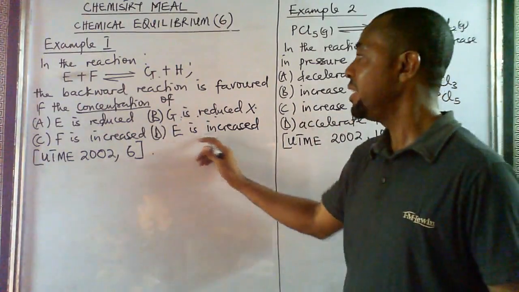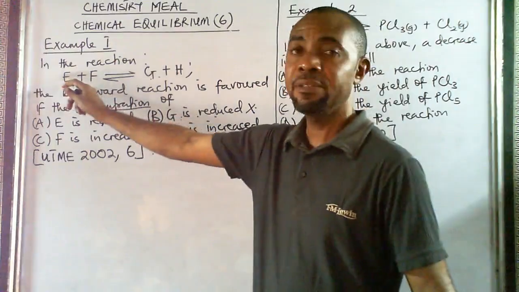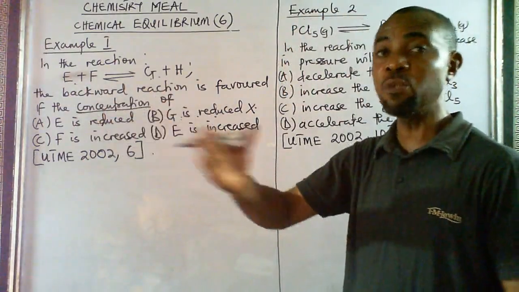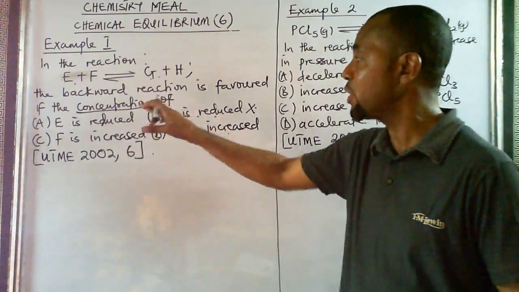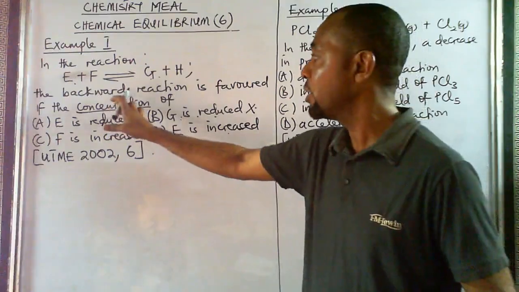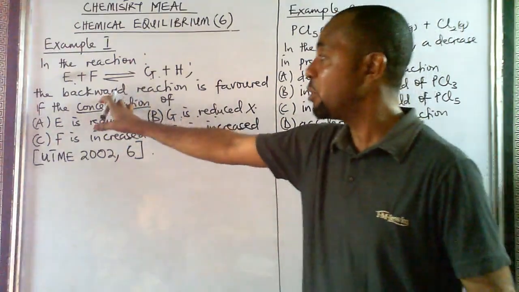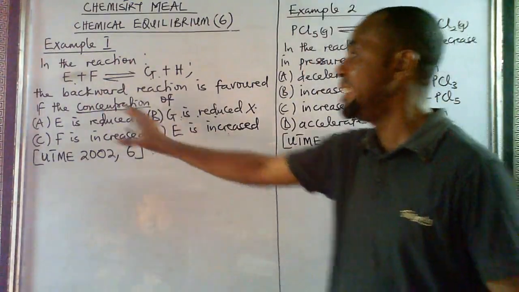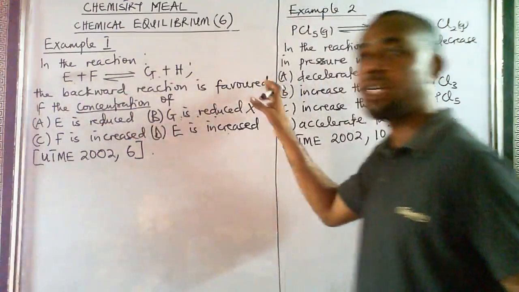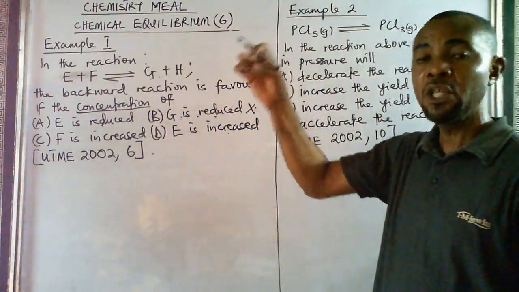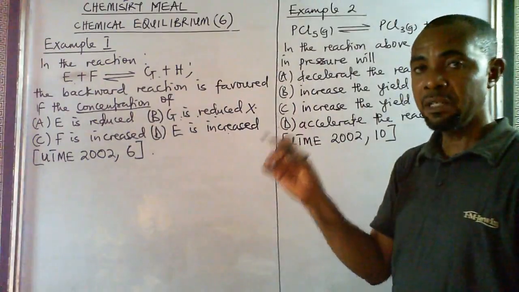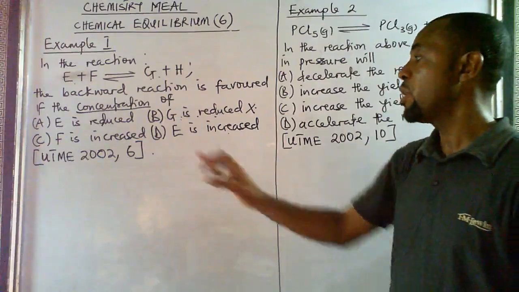Now, when E is increased, E is a reactant, and we know that increasing the concentration of reactant will favor forward reaction. But in this question, we are trying to favor the backward reaction. So when we increase E, which is a reactant, the forward reaction will be favored based on the rule on how concentration affects a system that is in equilibrium.